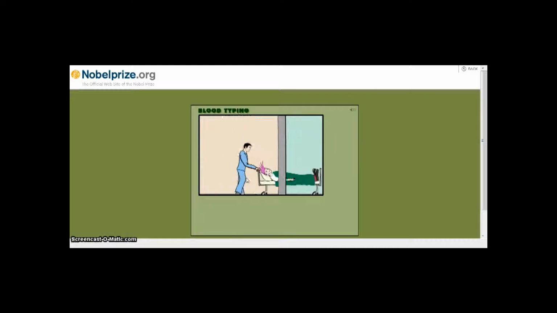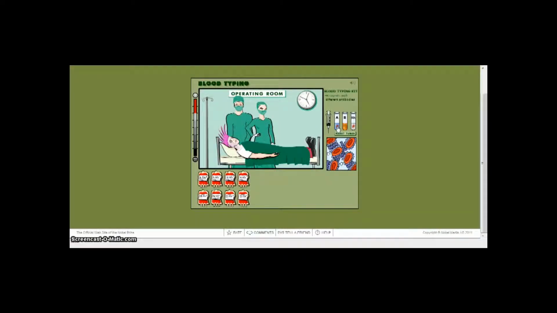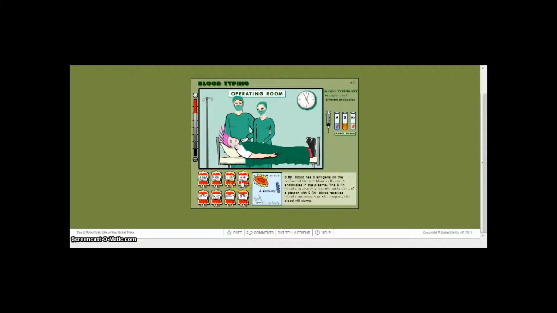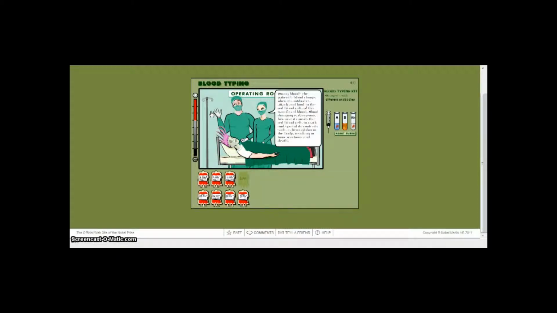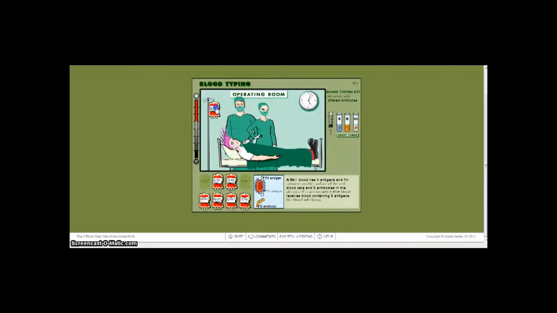So I'm going to go on to the next patient. One more to go. And this guy has A Rh positive blood. So I'm first going to try to give him some B Rh negative blood and see what happens. Wrong blood. It clumps. This guy needs A Rh positive blood.